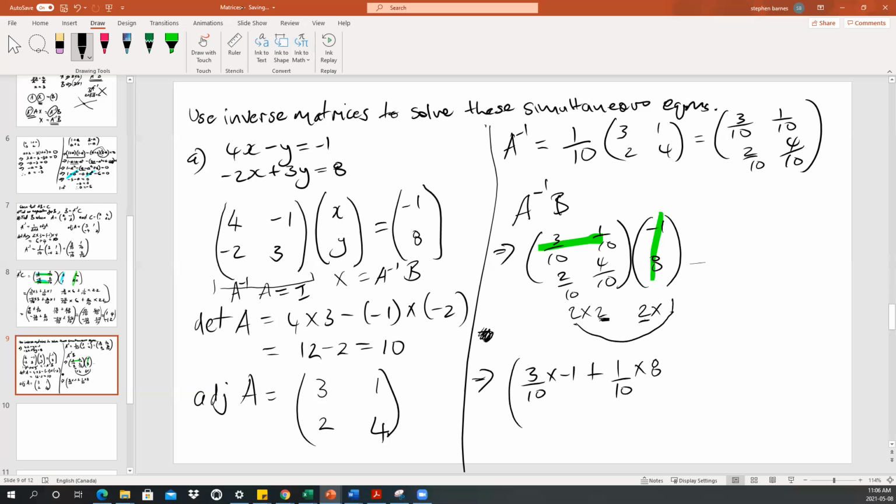And then you go again, row, column. So this now is 2/10 times -1 plus 4/10 times 8. And then we try and simplify.